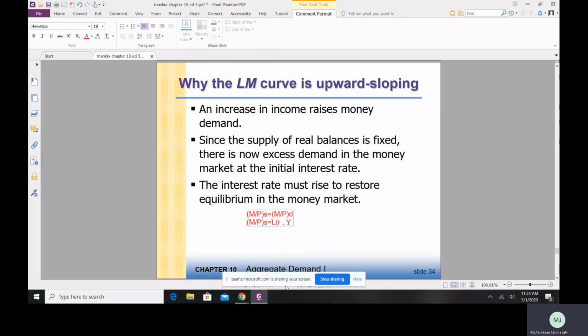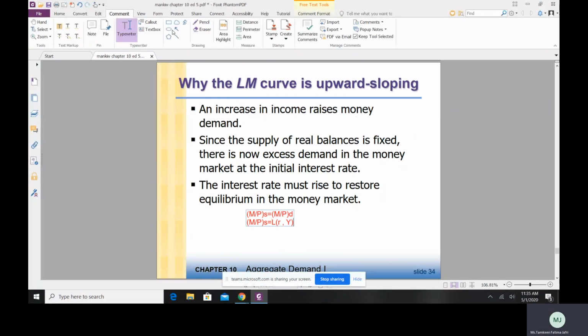Okay, अब हो क्या रहा है कि let's suppose there is an increase in income which raises the money demand. So what you're assuming here is कि ये जो Y है, let me use this pencil here. So let's suppose that this Y increases for whatever reason. देखो, अगर Y increase करेगा, तो what will happen to the right hand side of the equation?